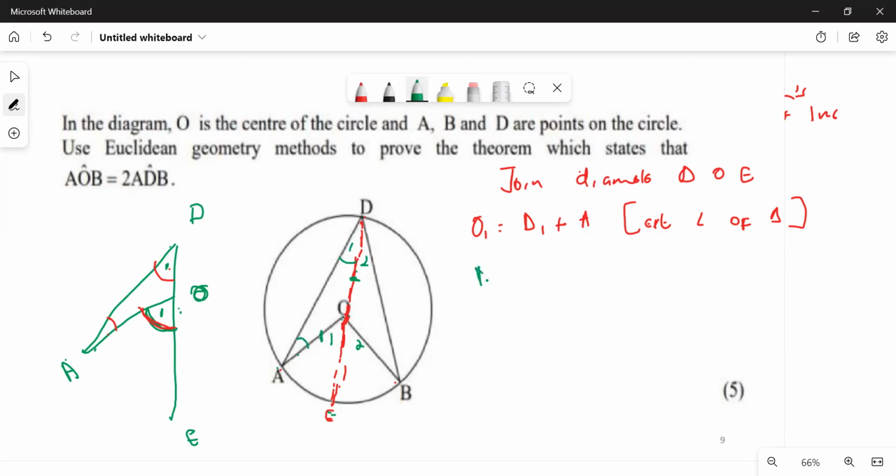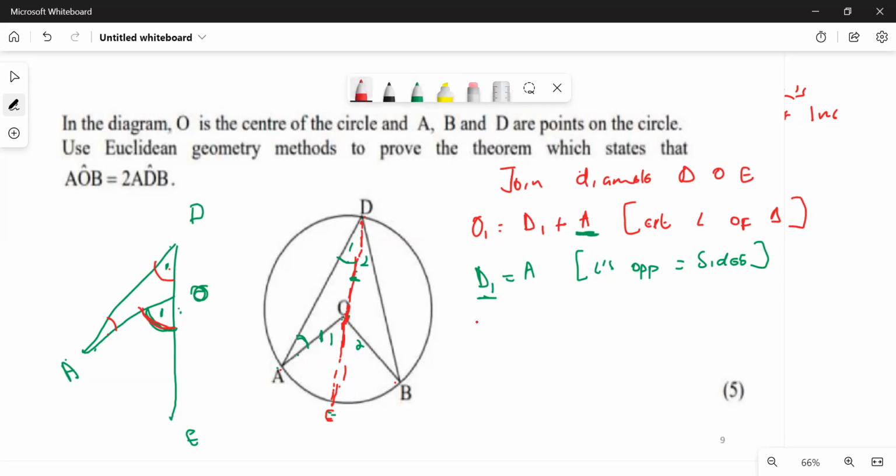So you'll say, okay, but now D1 is equal to angle A, because we have angles opposite equal sides. So this one and this one, they're equal. If these two are equal, instead of writing this thing here as angle A, I can replace it and put it as D1.